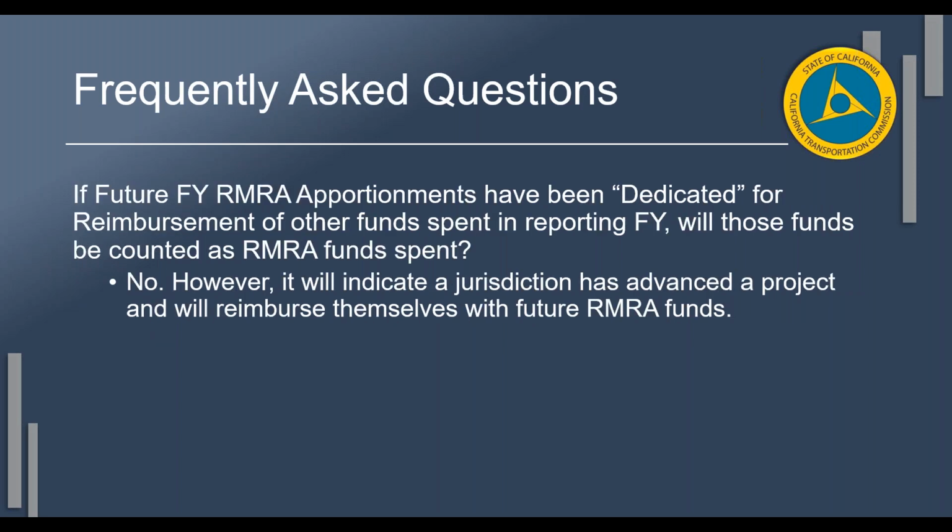And then just always come to us and ask us questions directly if you have these things too. If future fiscal year RMRA apportionments have been dedicated for reimbursement of the other funds spent in a reporting fiscal year, would those funds be counted as RMRA funds spent? No, they don't show up. They don't reduce your RMRA amount that it shows that you had available for spend.